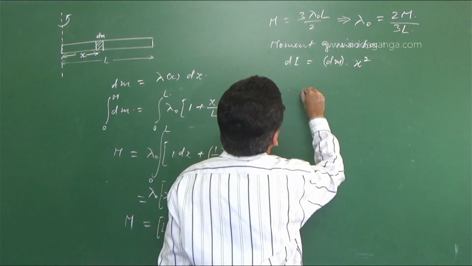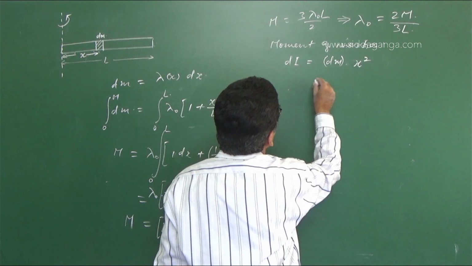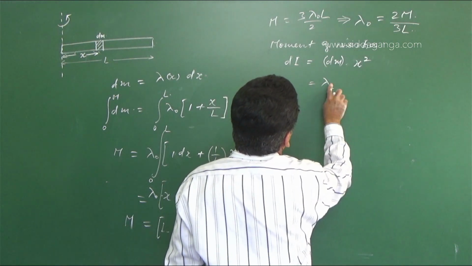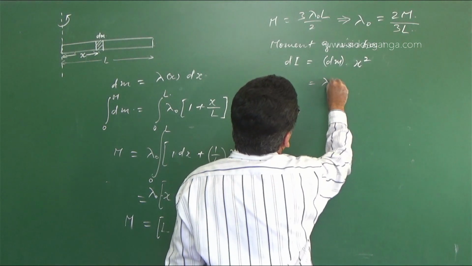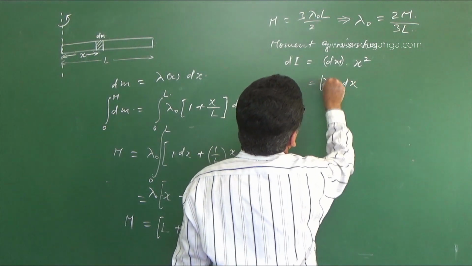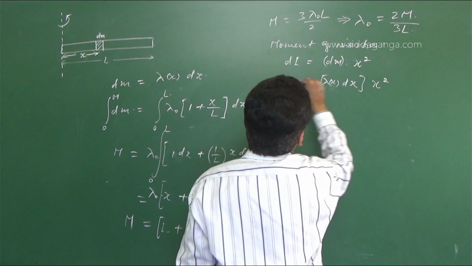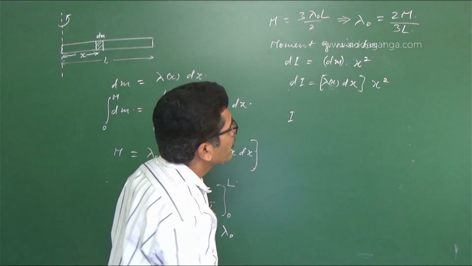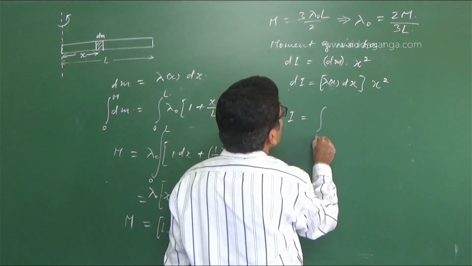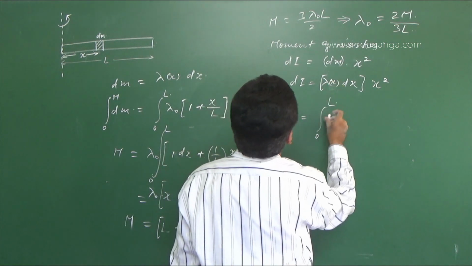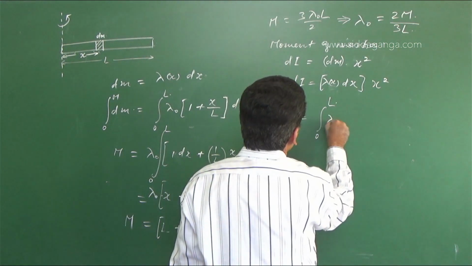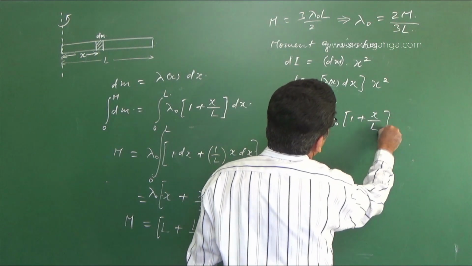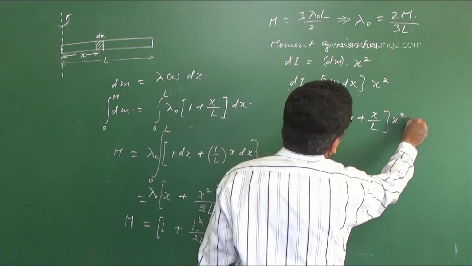You have to integrate this. dm is given by lambda of x dx into x square. Therefore, what is the total moment of inertia? Integral from 0 to L, lambda x is lambda naught into 1 plus x by L, into x square dx.